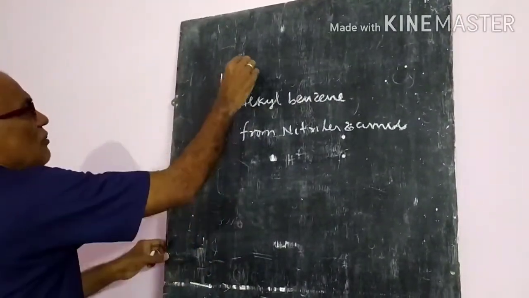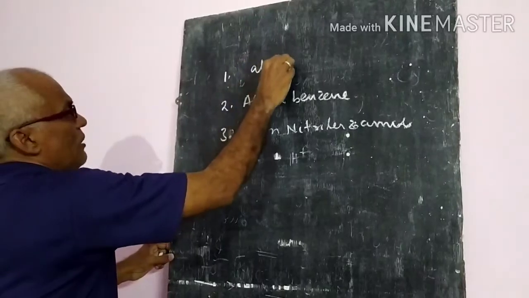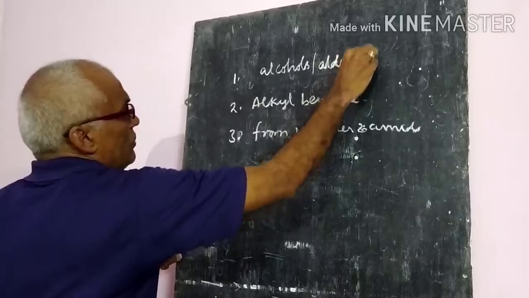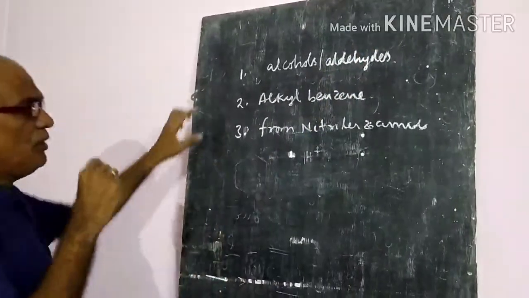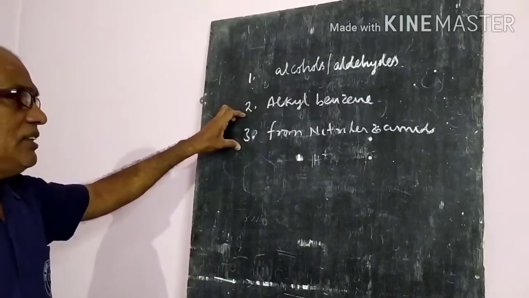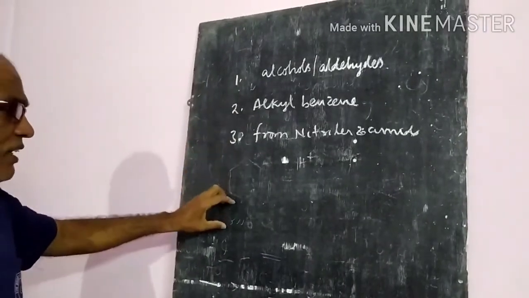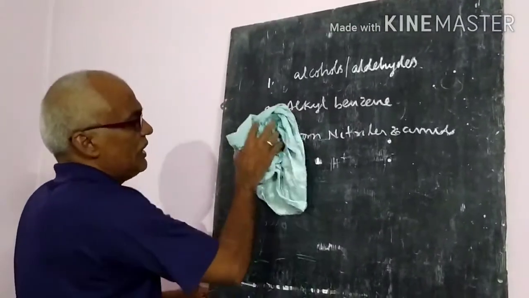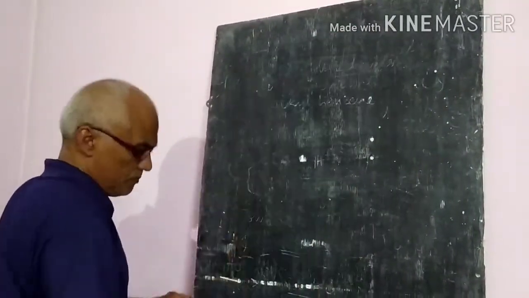The first is from alcohols, that is primary alcohols and aldehydes. So these are the three important things we have learned. The remaining three, six methods in total, let us see the other methods also. Up to three methods, I hope you understood.